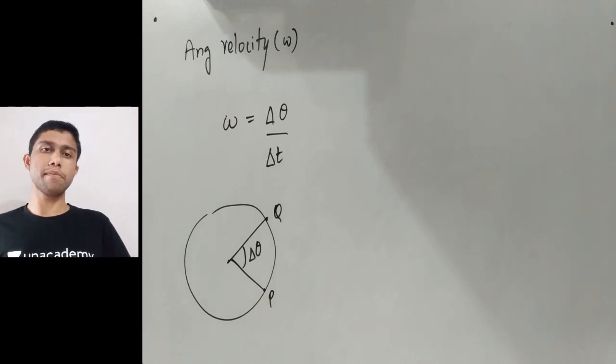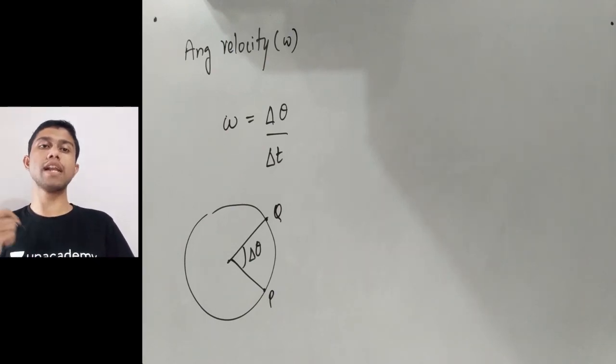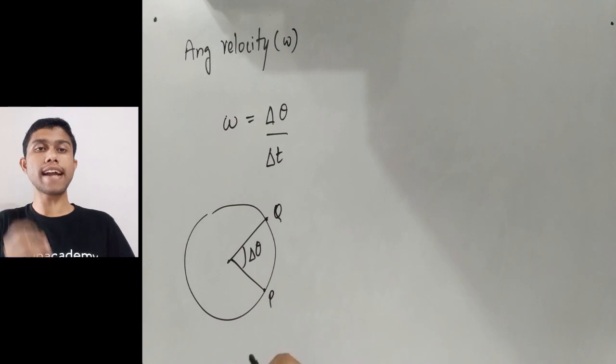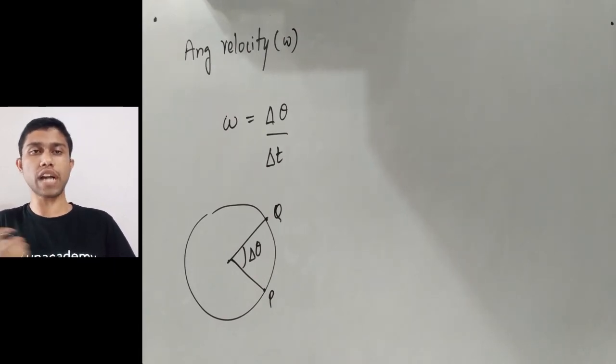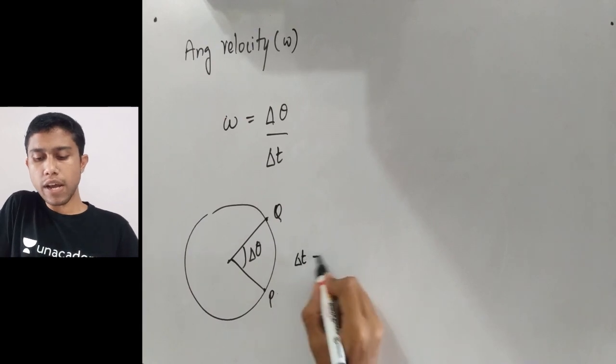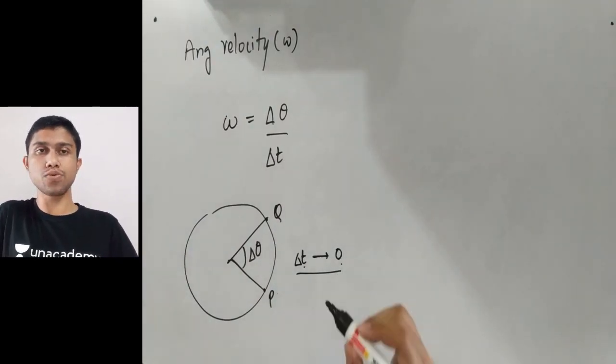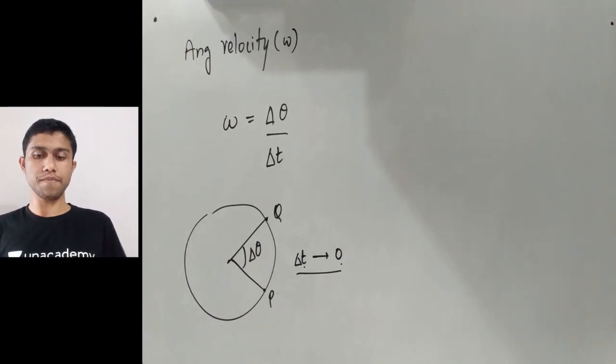It is a very small timing and it is nearly equal to 0. So what will happen in such cases? In such cases we'll put limits such that delta t, that is the change in time or the time taken by the particle to go from P to Q, is nearly equal to 0, or in the mathematical concept, delta t tends to 0.